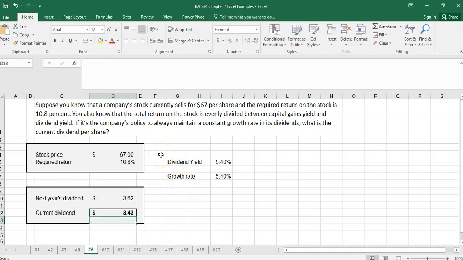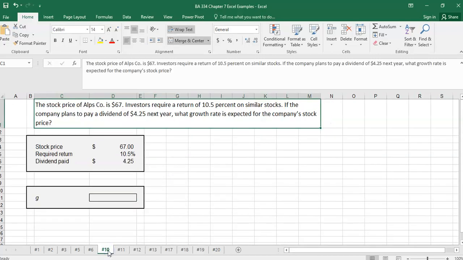So our current dividend is 3.34 and next year's dividend is 3.62.